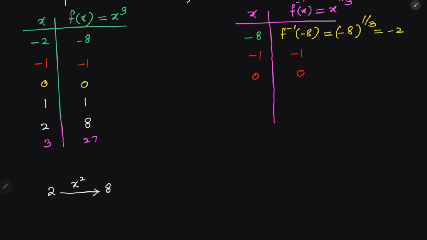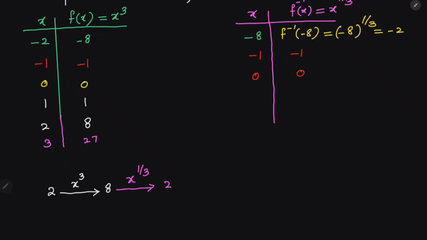When we put that value 8 into x raised to power 1 by 3, we can see that the value is 2.